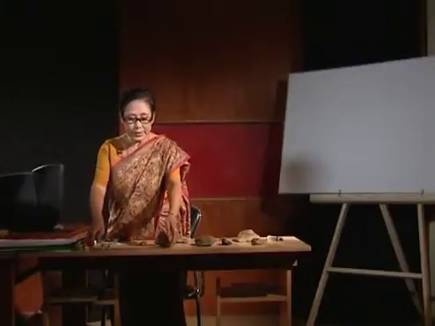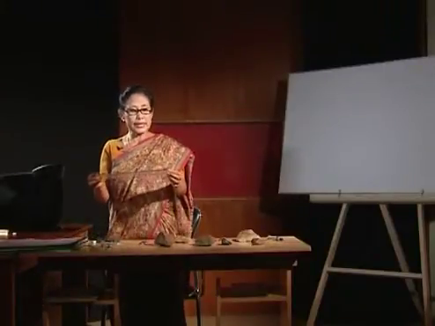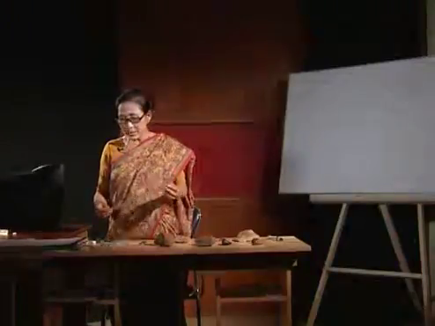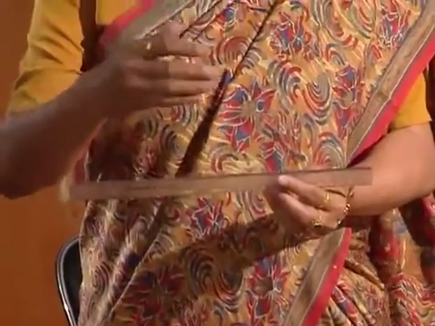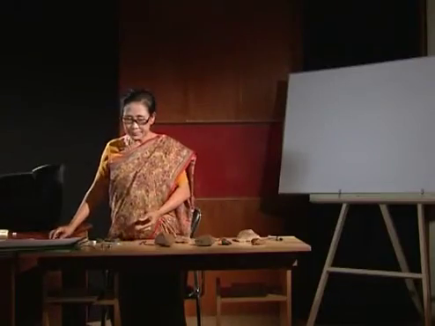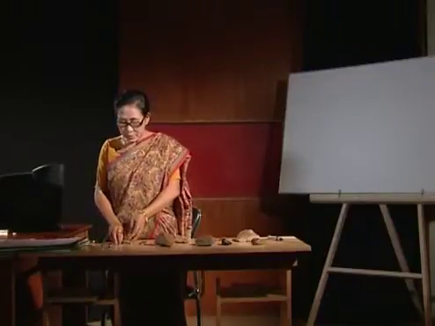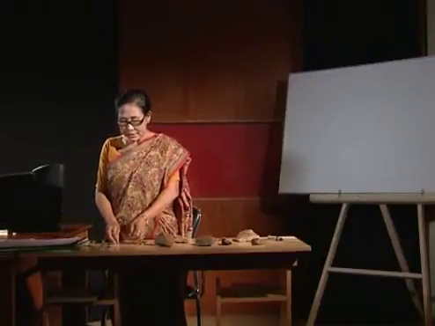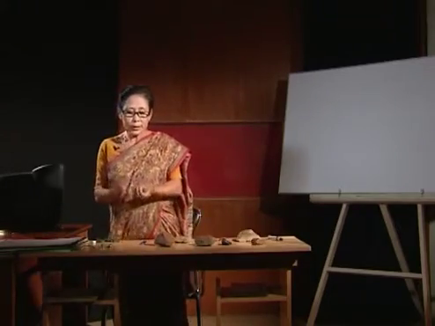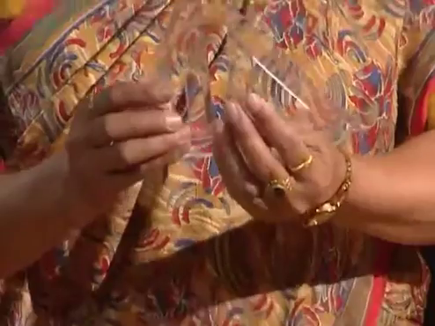The next one is one long scale, at least 30 inches is needed. It is used for drawing the upper and the lower margins of the tool. Then two set squares are needed for measuring the height and the length of the flake scars and the ridges.